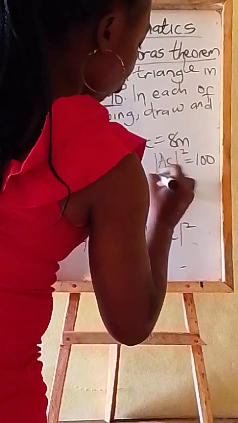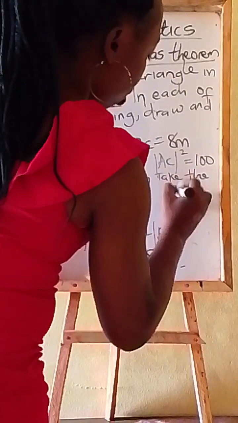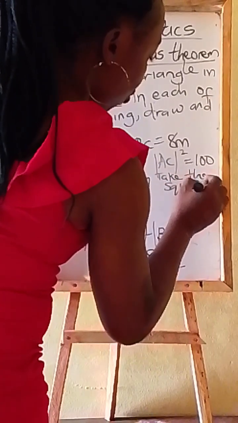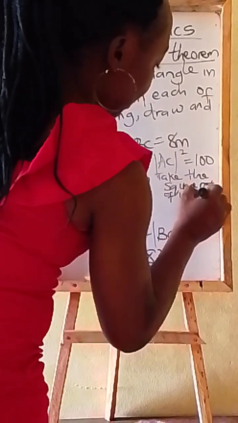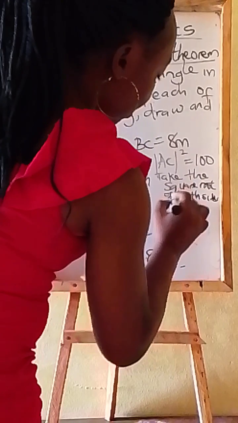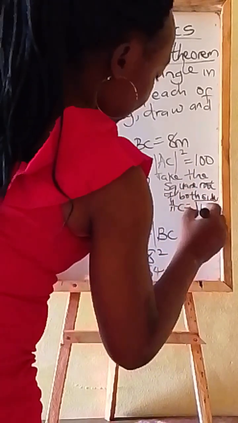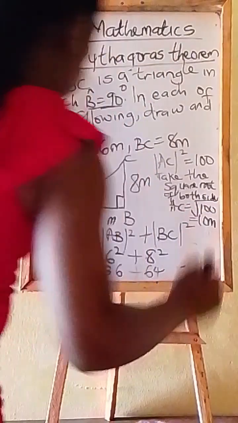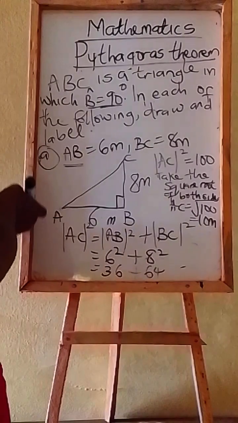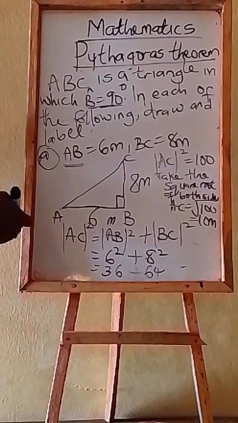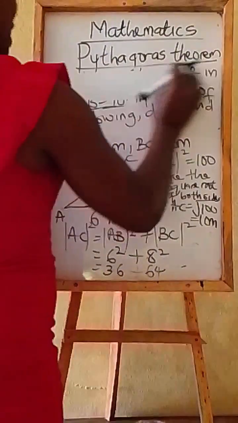The next thing to do is take the square root of both sides. So we have AC equals the square root of 100, and the answer equals 10.